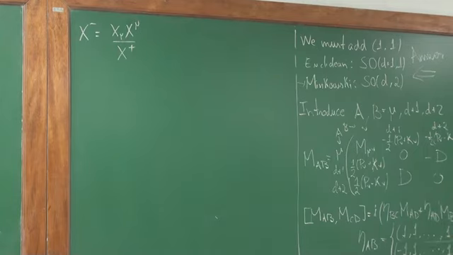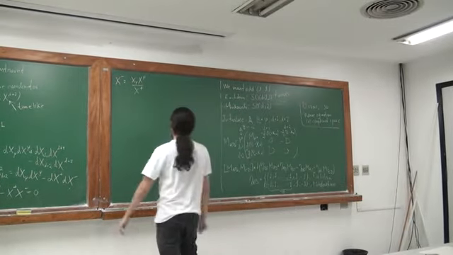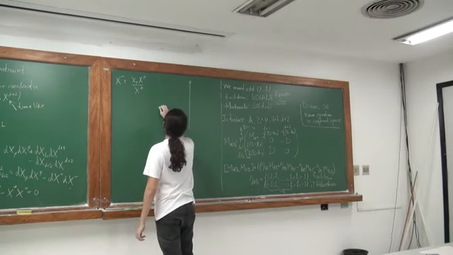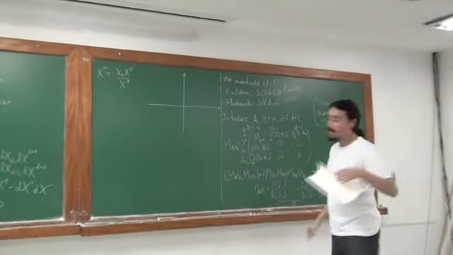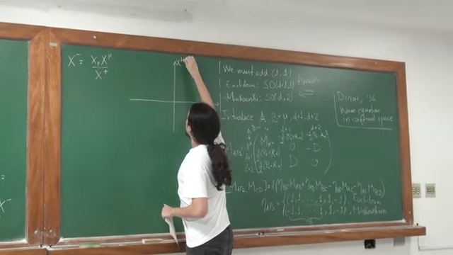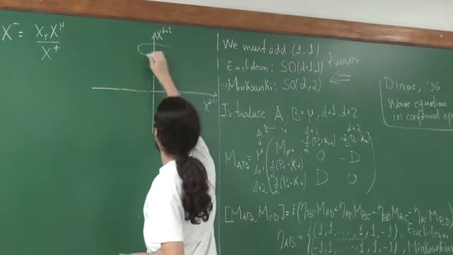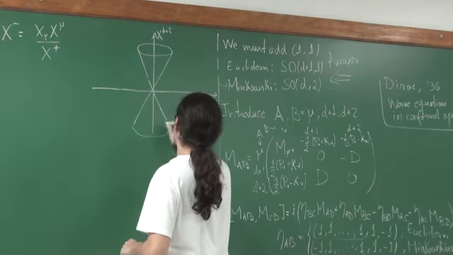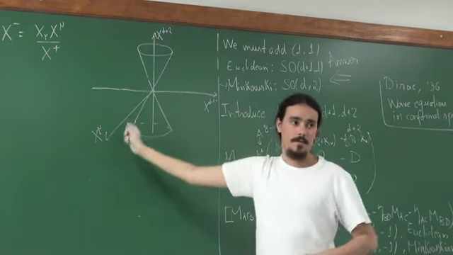Okay? We now officially sit in a d plus 1 dimensional space, that is the light cone. Any questions? No? So conformal transformations, let me just try and draw a picture here. What we're doing is, I'll order the physical space coordinates here.